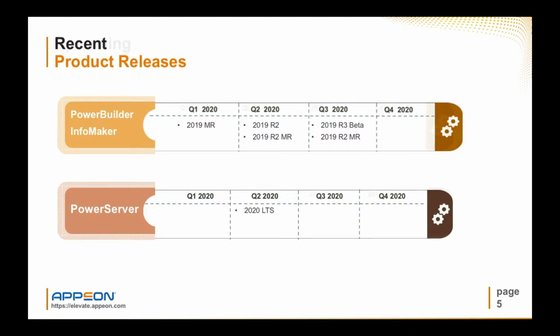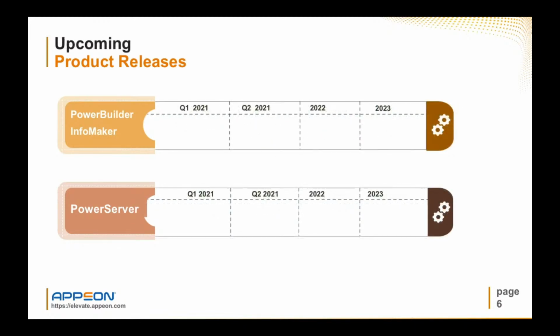version. With upcoming product releases, we plan to release PowerBuilder and InfoMaker 2019 R3 in early Q1 of next year. It will be a long-term support version. Not much later, version 2021 will come out. This new major version is a dedicated release for desktop cloud apps and PowerServer 2021.